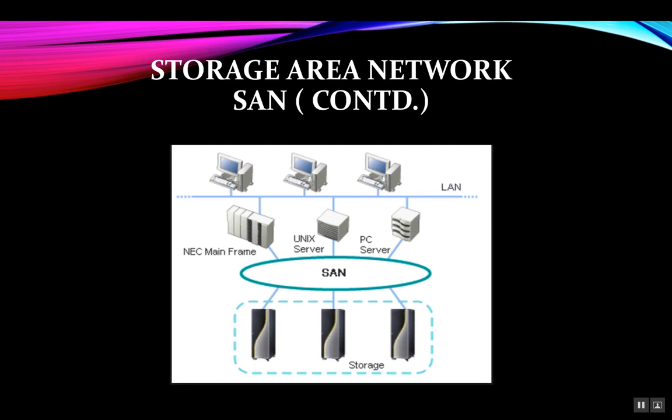They just need to have an HBA, which needs to have its WWN to put it up in the SAN network and make it talk to the storage over a dedicated network. Storage area network is what most people are dealing with today and is a wide technology, with n number of vendors and n number of products. The basic working remains the same, but every product has its own pros and cons.